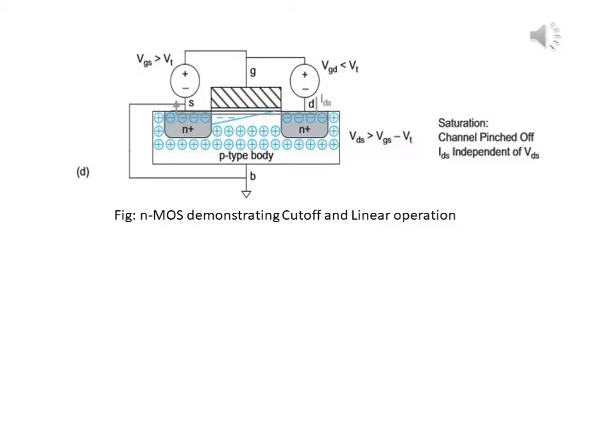It is given in the figure also. Saturation means the channel is pinched off at the drain region, in which case IDS is independent of VDS. This is the saturation procedure.